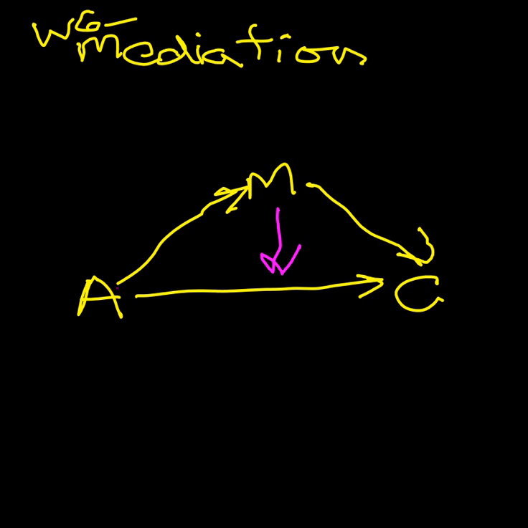Whereas in mediation, our mediator sits between, think of it as a median in a highway. It sits between two lines of traffic, but in this case it sits between a causal agent, the antecedent, and the consequence, our outcome. So that's what we're going to be covering this week.